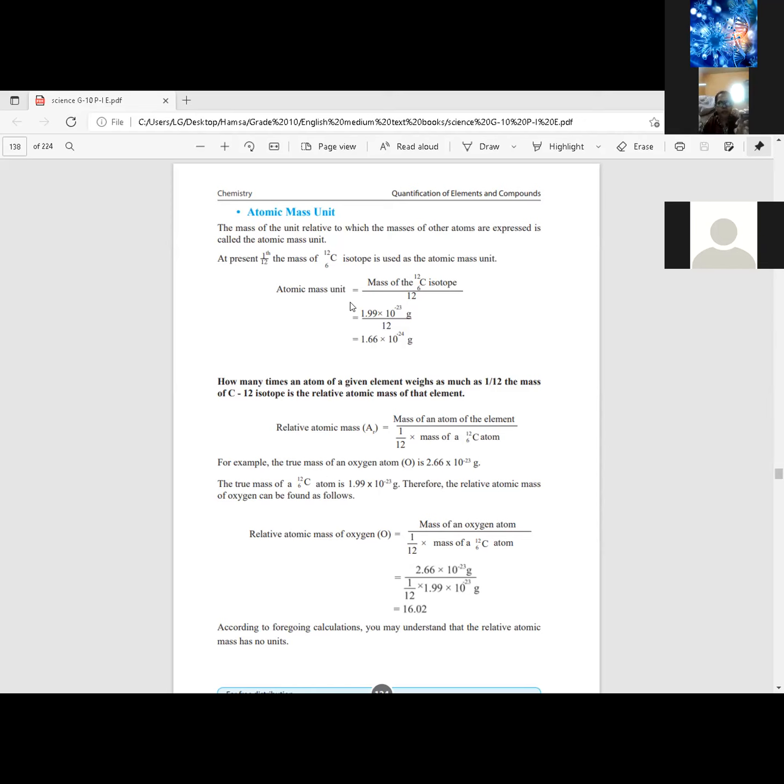If I relate like that, that is called the atomic mass unit. So the mass of the unit is relative to which the masses of other atoms are expressed as the atomic mass unit.